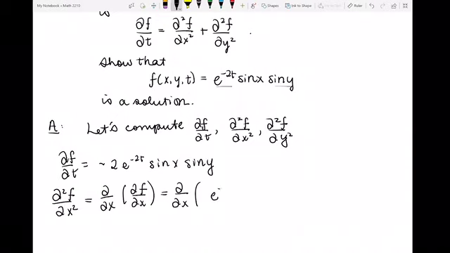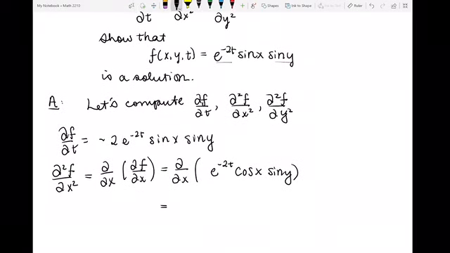So I will end up with e to the minus 2t cosine of x sine of y, because sine goes to cosine when I differentiate. Now I need to differentiate this a second time with respect to x. So I will have e to the minus 2t, cosine goes to a minus sine x sine of y. Okay, so there's my second partial of f with respect to x.